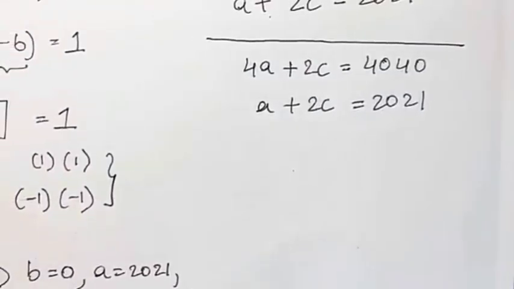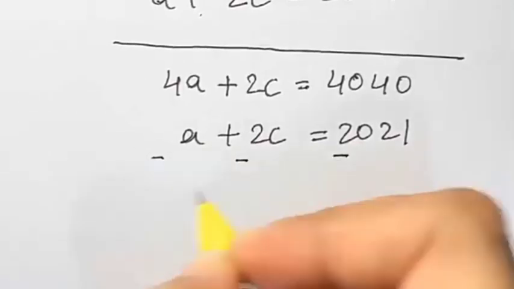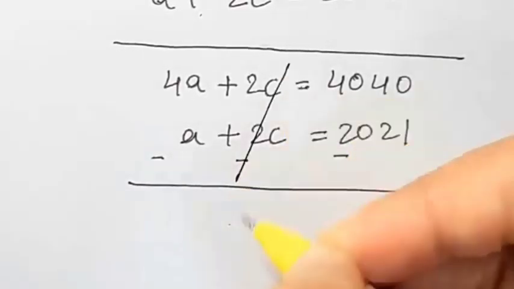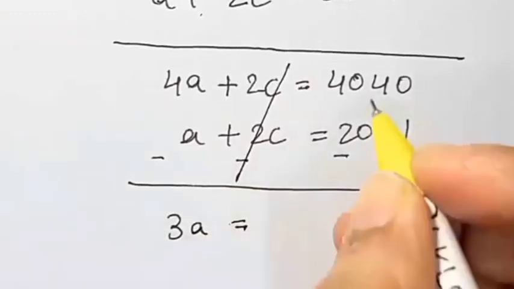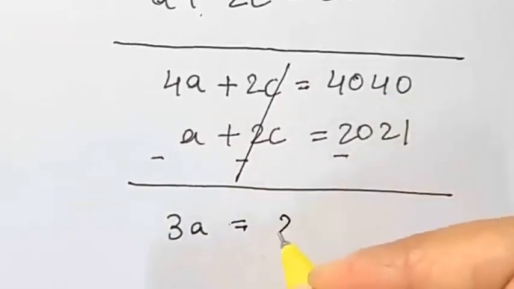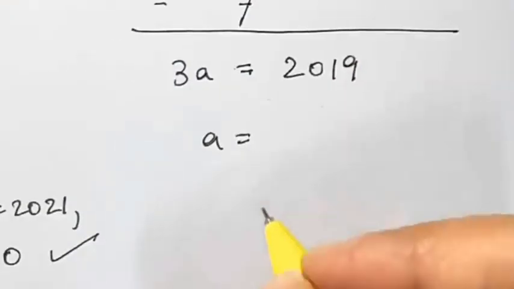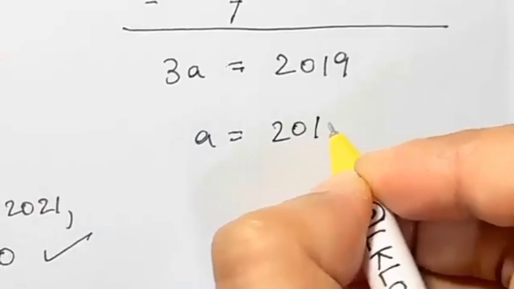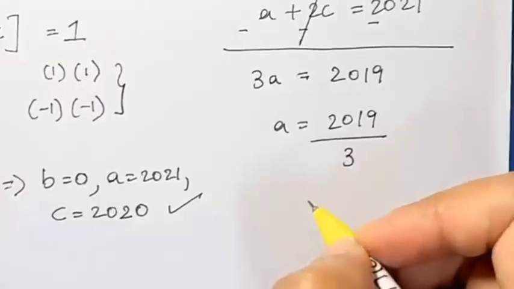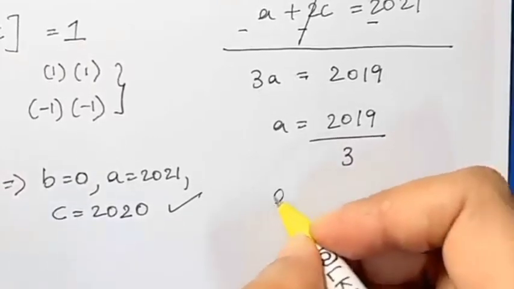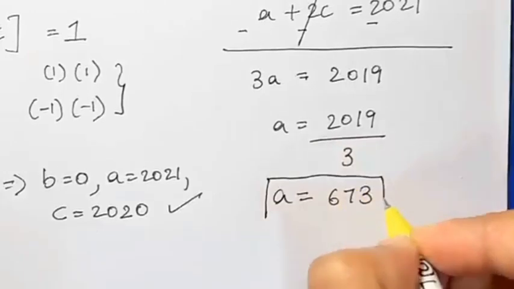We can eliminate the variables, just change the signs. 2C gets cancelled. 4A minus A is 3A is equal to 4040 minus 2021 is 2019. So A is equal to 2019 divided by 3, which is equal to 673. Now we've got the value of A.